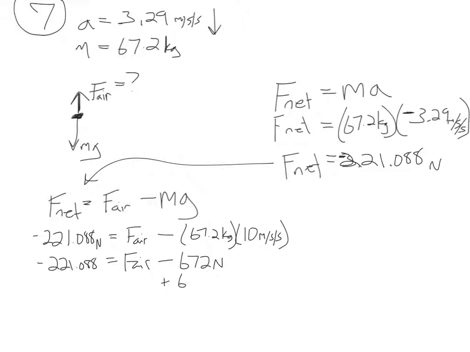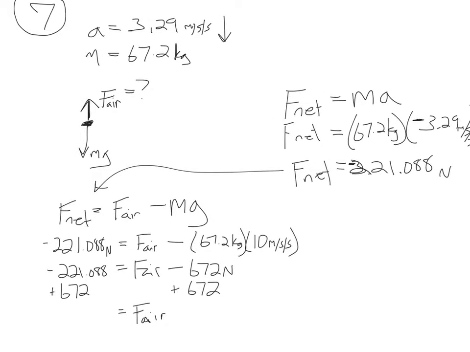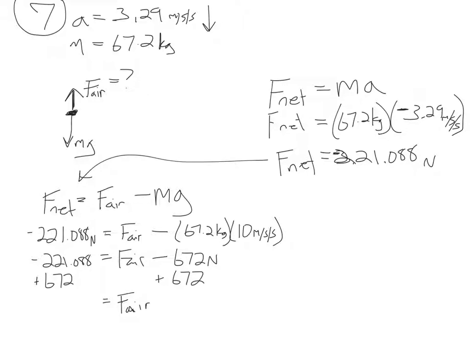We add that 672 to both sides, plus 672, and the air resistance would come out to be 450.9 newtons. Again, because that 221 net force was negative, that was downwards, because the weight was winning.